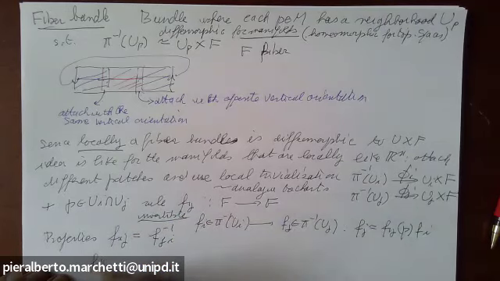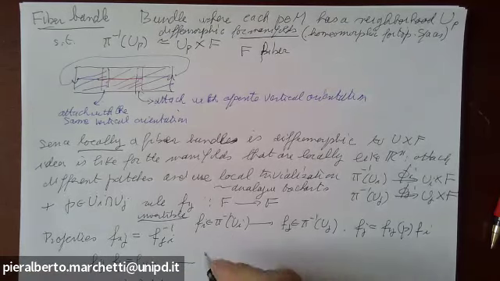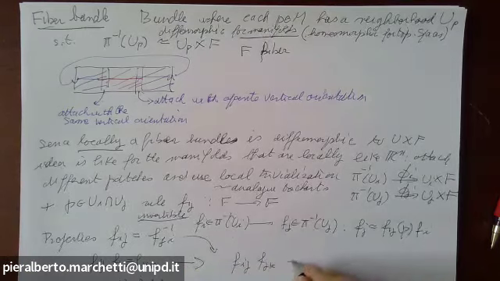And Fij times Fjk is equal to Fik, for a point P which belongs to Ui intersection Uj intersection Uk, which is the same, using this property, as saying Fij, Fjk, Fki equal to the identity.